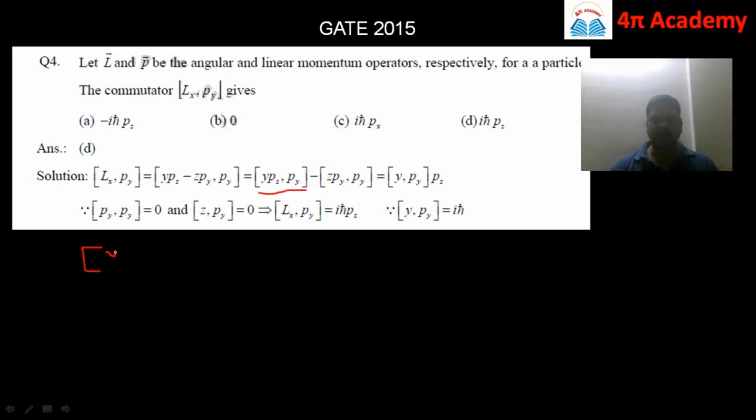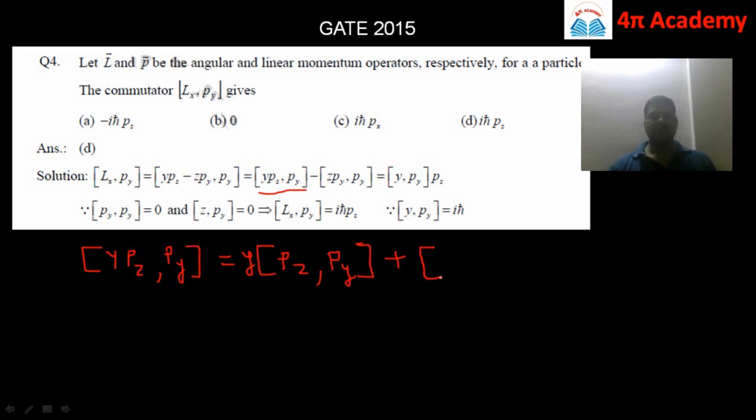So commutator bracket of ypz comma py is equal to y into commutator bracket of pz comma py, plus commutator bracket of y comma py into pz.